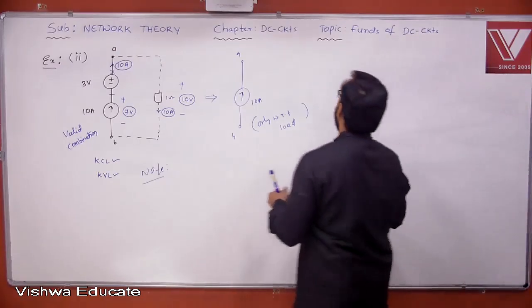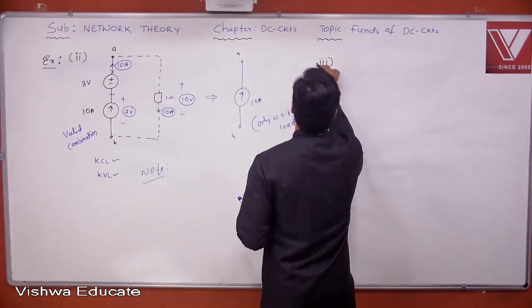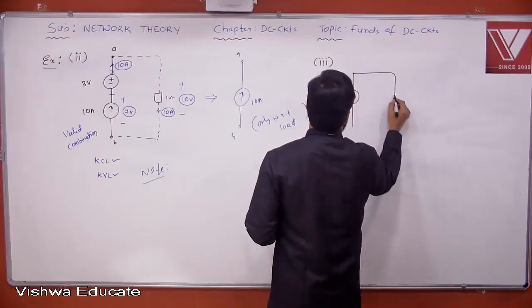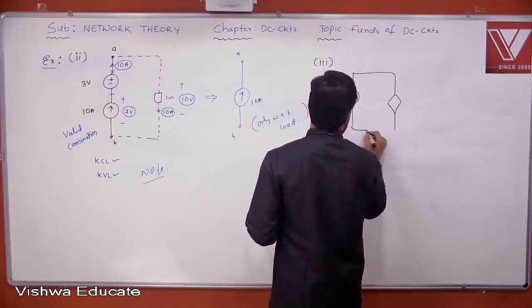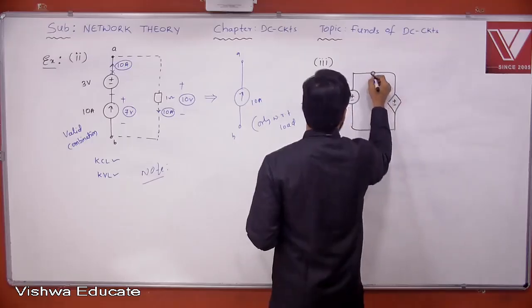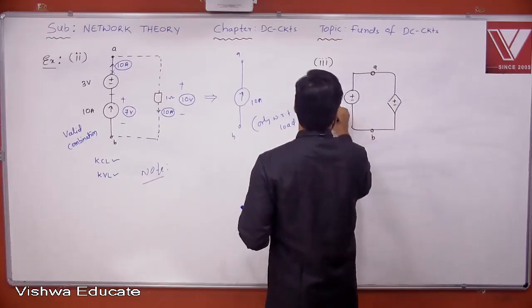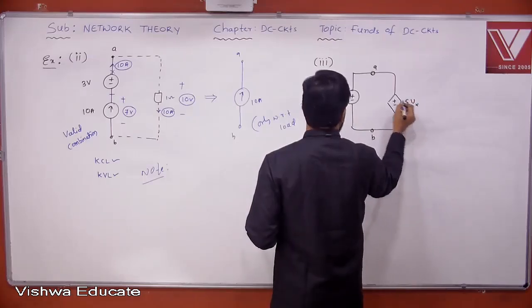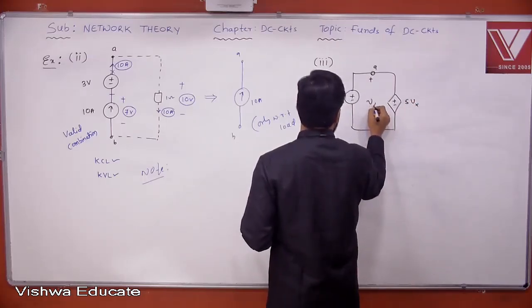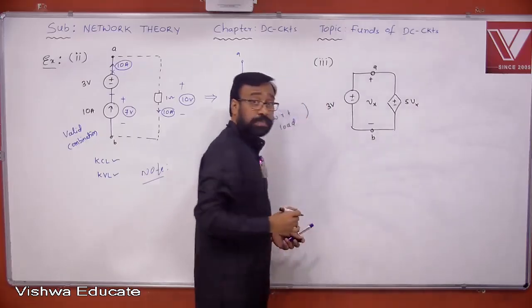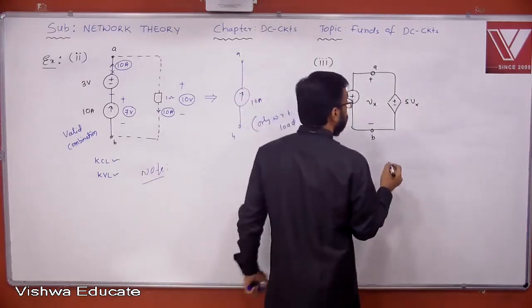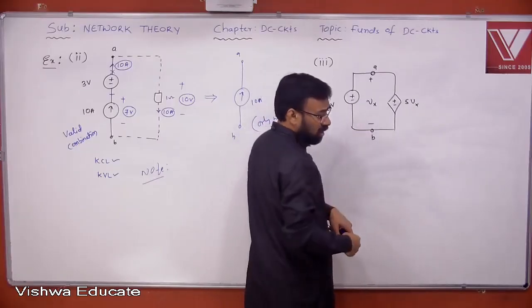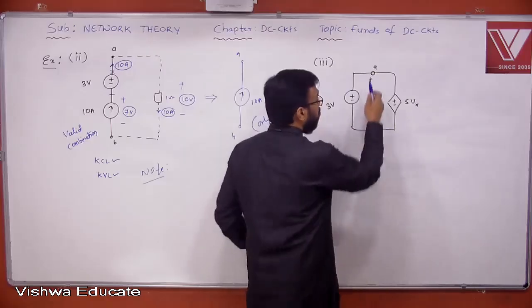Now, third example. Is it valid or not? Two voltage sources are connected across each other with respect to AB terminals.